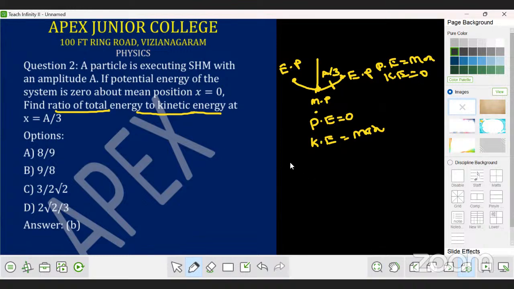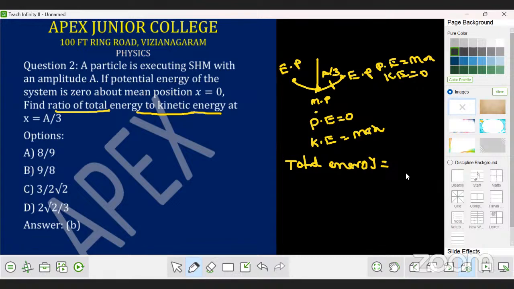First I will write here about total energy. Either you can take total energy at the mean position or the extreme position. But to take it at the mean position, we should know the kinetic energy formula, half mv square, and the v value was not given in the question. So calculate total energy at the extreme position.